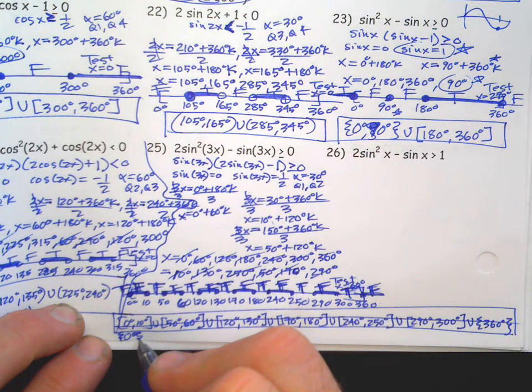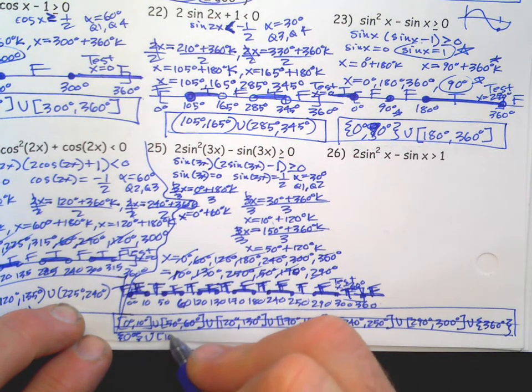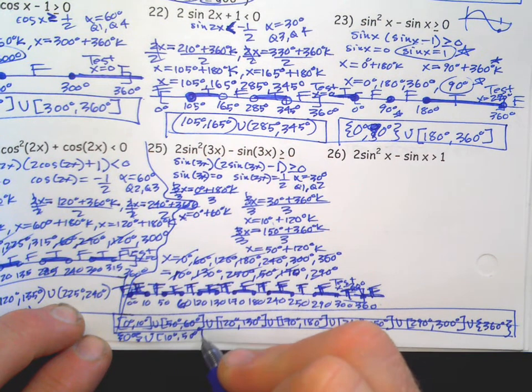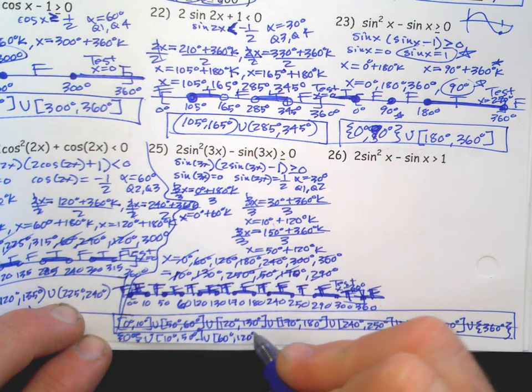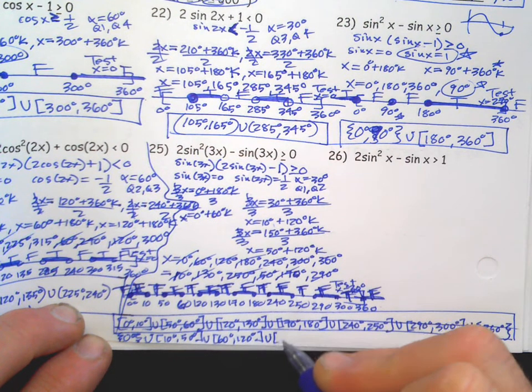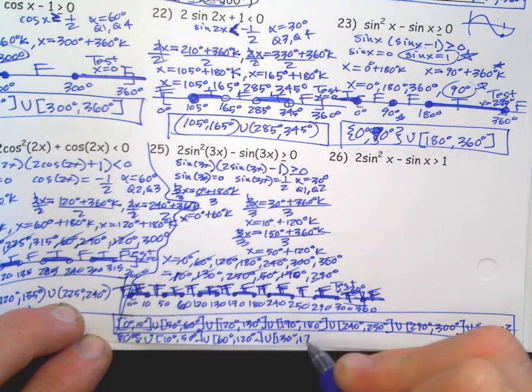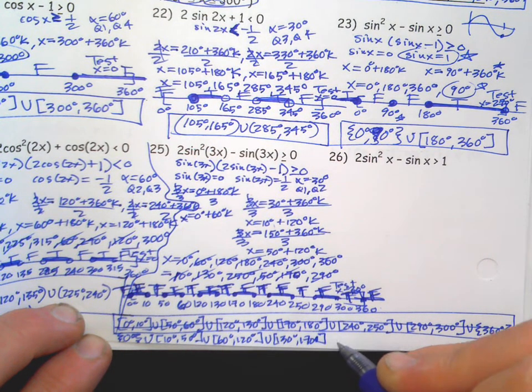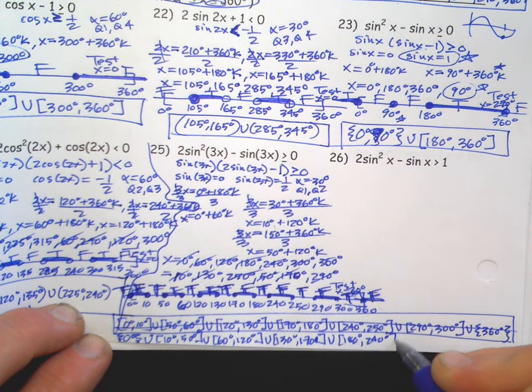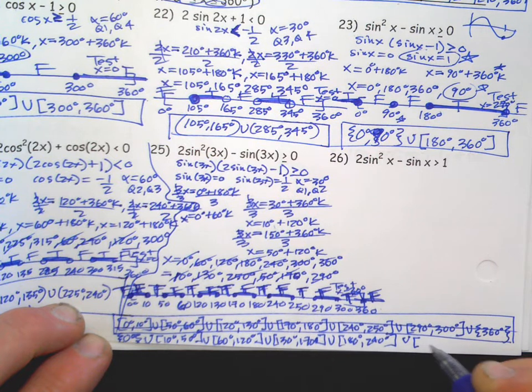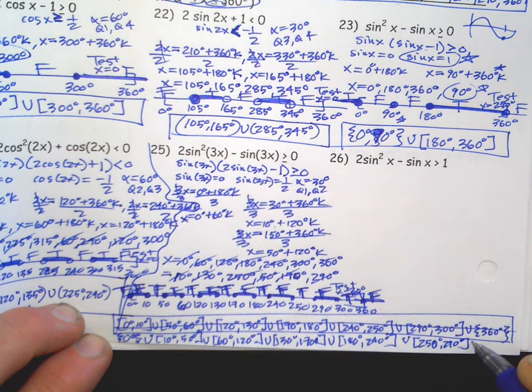And then 10 to 50, and then 60 to 120, and then 130 to 170, and 180 to 240, and 250 to 290, and 300 to 360.